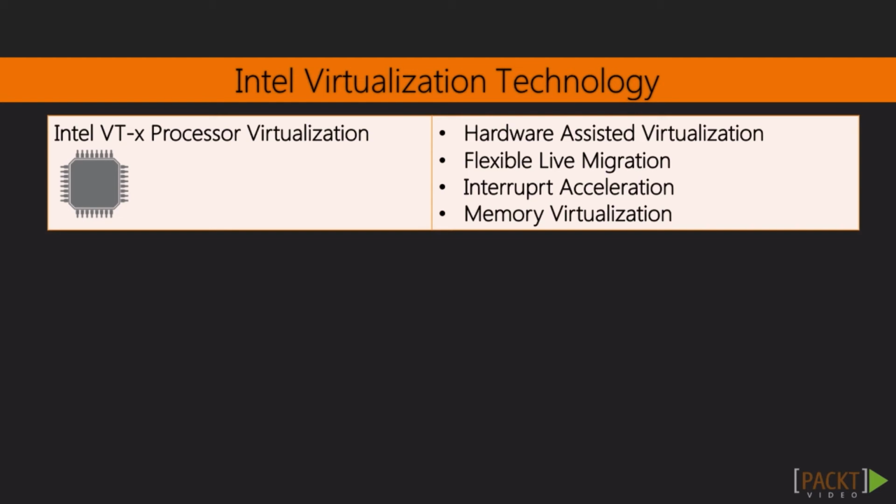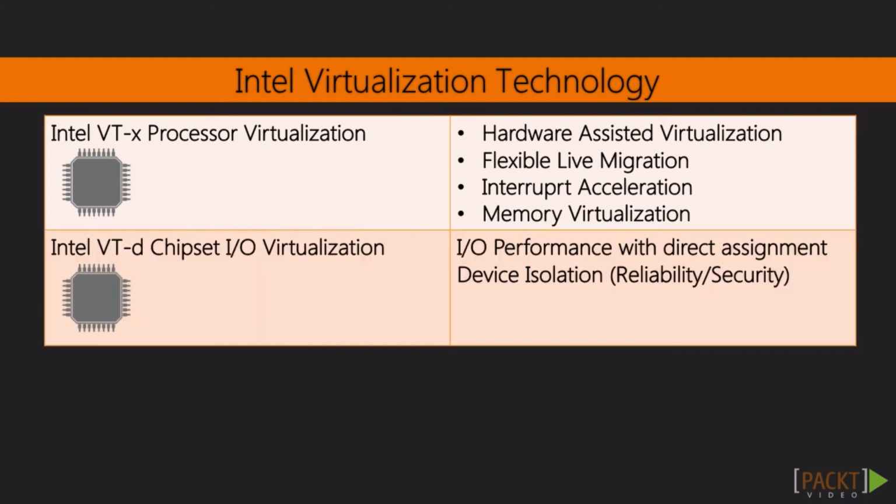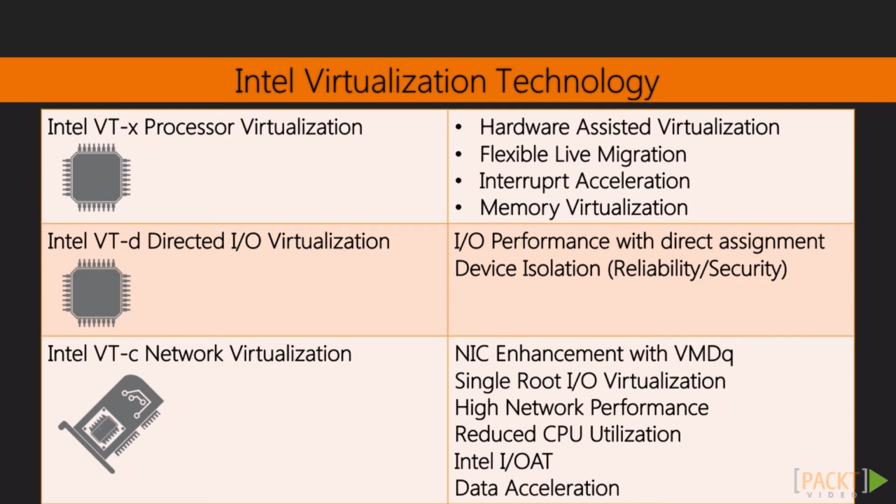The Intel VT-x extensions are probably the best recognized extensions that add migration, priority, and memory handling capabilities to a wide range of Intel processors. The Intel VT-d extensions add virtualization support to Intel chipsets that can assign specific I/O devices to specific virtual machines. The VT-c extensions bring better virtualization support to I/O devices such as network switches.